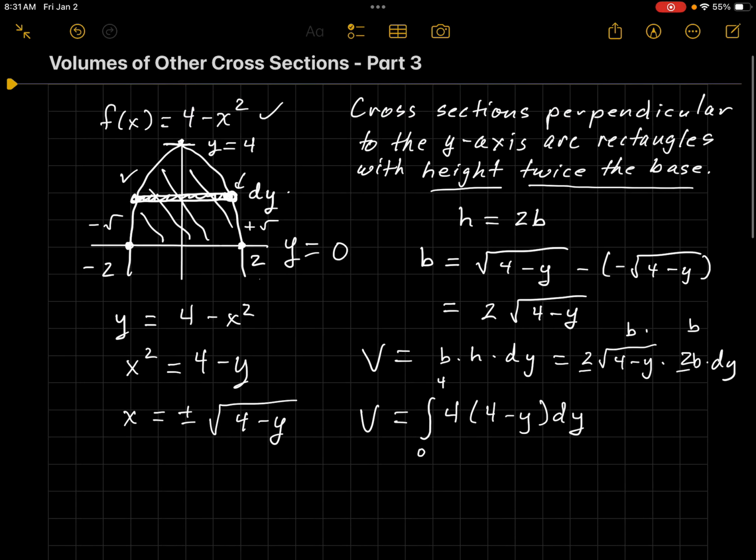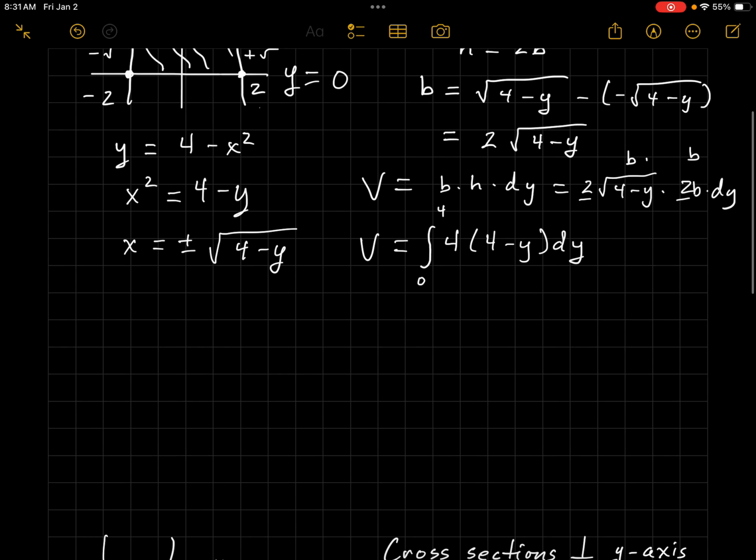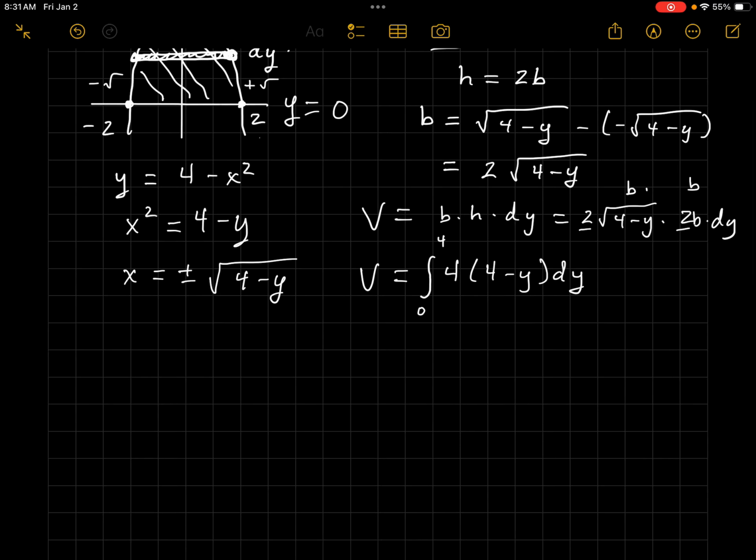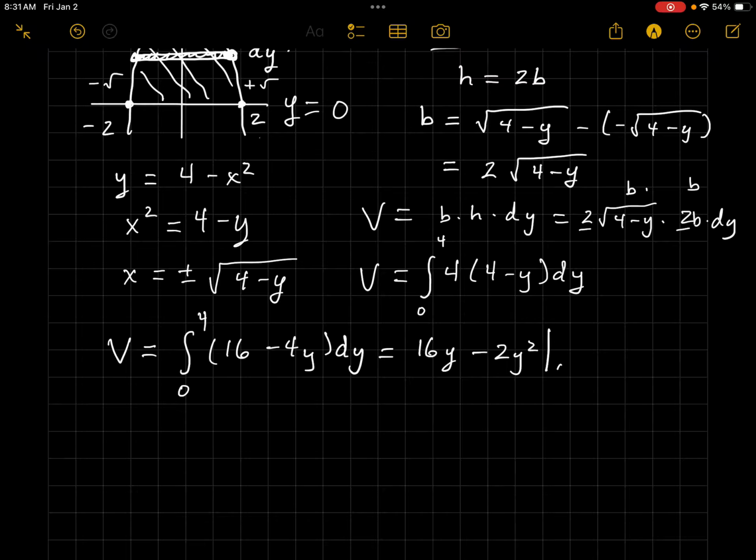Let's finish off the algebra of this. I will rewrite it one time before I take the antiderivative. And now we can take the antiderivative. So 16 becomes 16y, and then minus the antiderivative of 4y is 2y squared from 0 to 4.